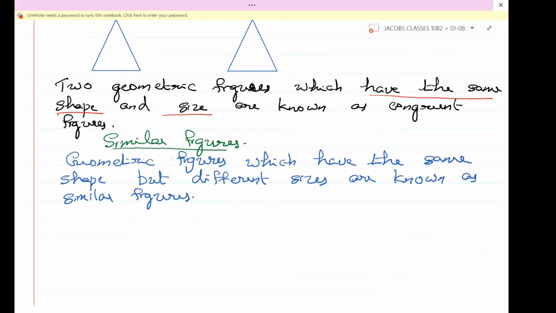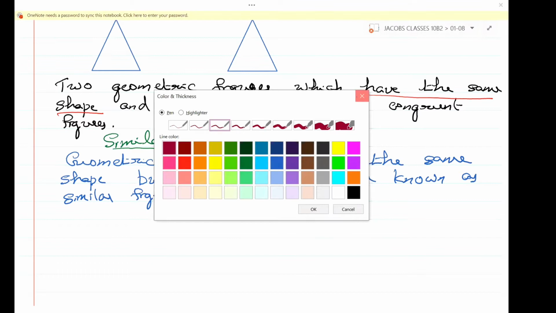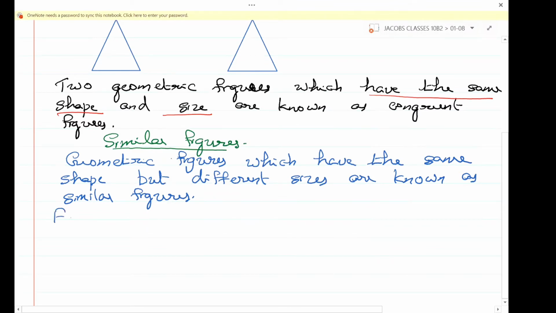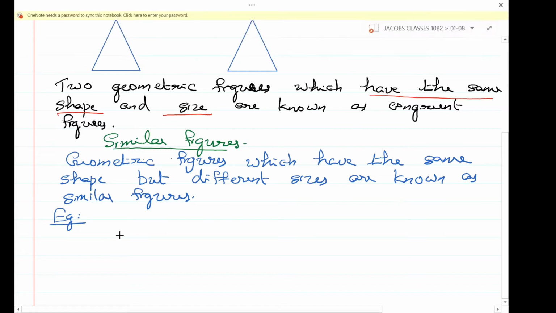Examples. If you draw two line segments, we can see they are similar.